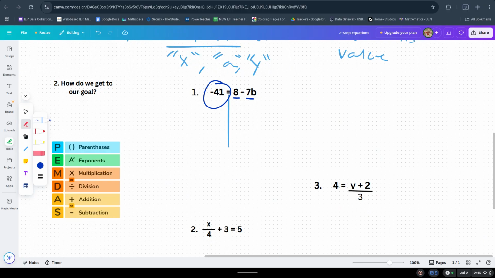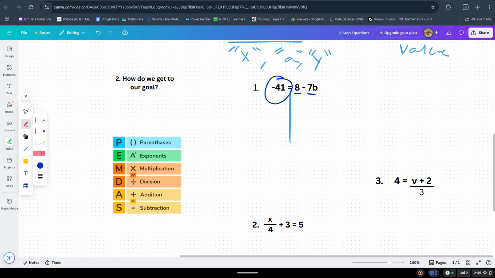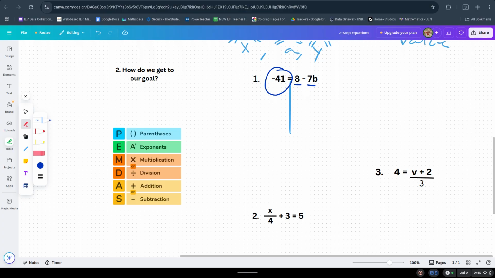So this is how we know what we need to do. We still use PEMDAS, but when we know what our equation equals, we actually have to go the opposite direction. Instead of using PEMDAS, we're going to use SADMAP. That's what some people call it.